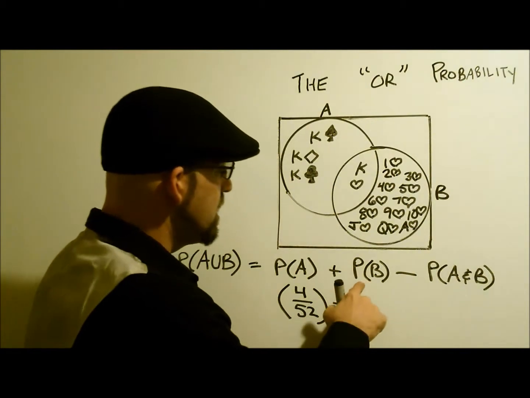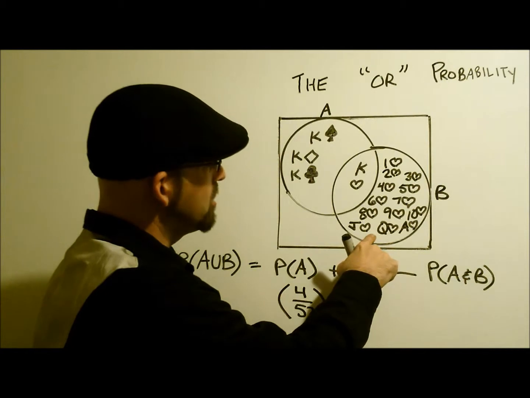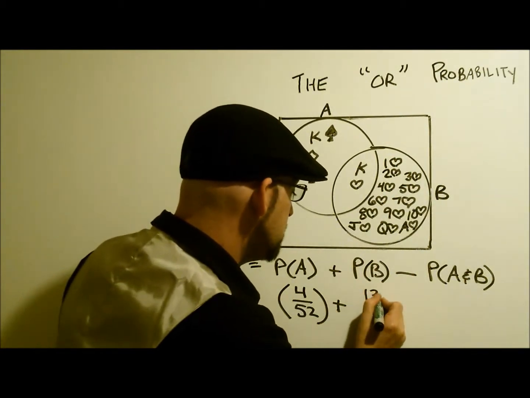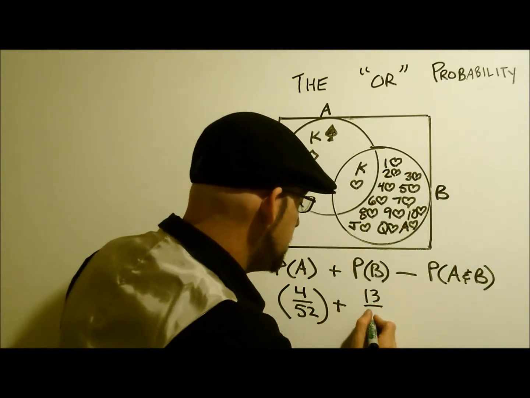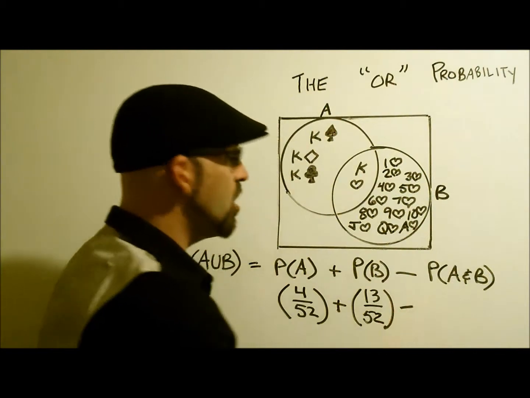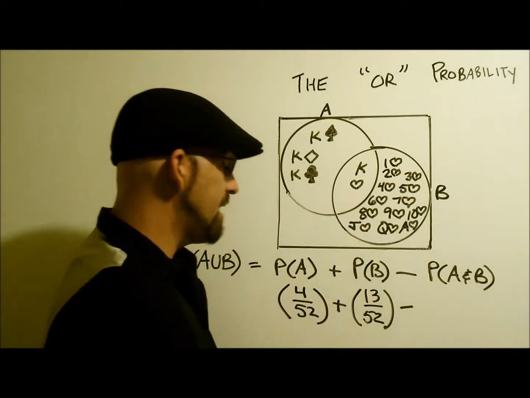plus the probability of B, hearts, all the hearts, well, that is 13 out of 52. Minus the overlap, A and B. That's only 1 out of 52.